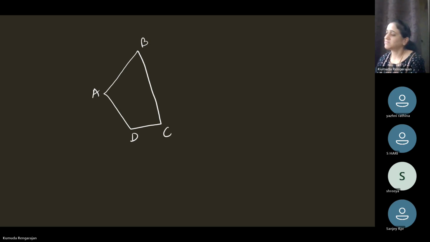No. If it's a cyclic quadrilateral, then all the 4 points must lie on the circle. It's a quadrilateral. It's not a cyclic quadrilateral.